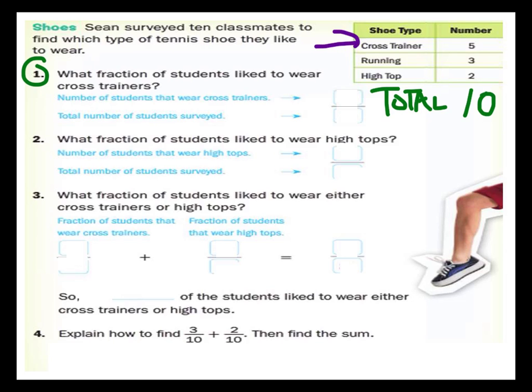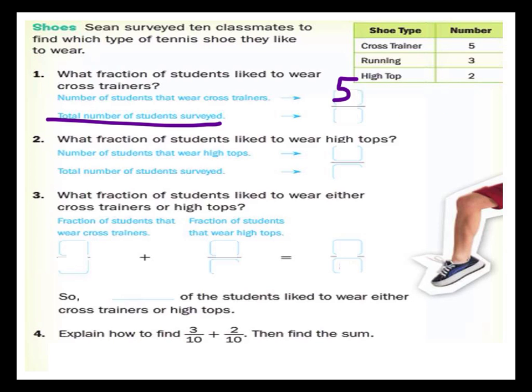Well, there's cross trainers, and this number right here, 5. Now notice it wants the total number of students surveyed. How many total students? 10. Okay, now notice this is 5 out of 10. This is a fraction. Should we simplify this fraction?